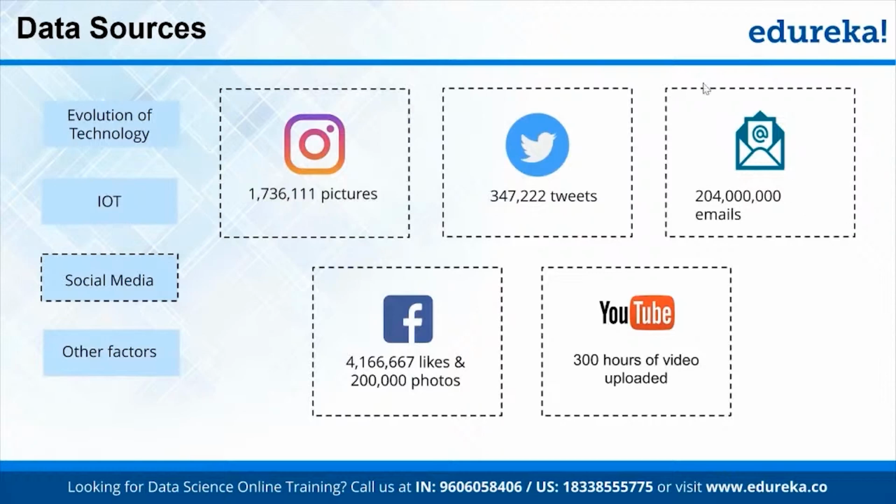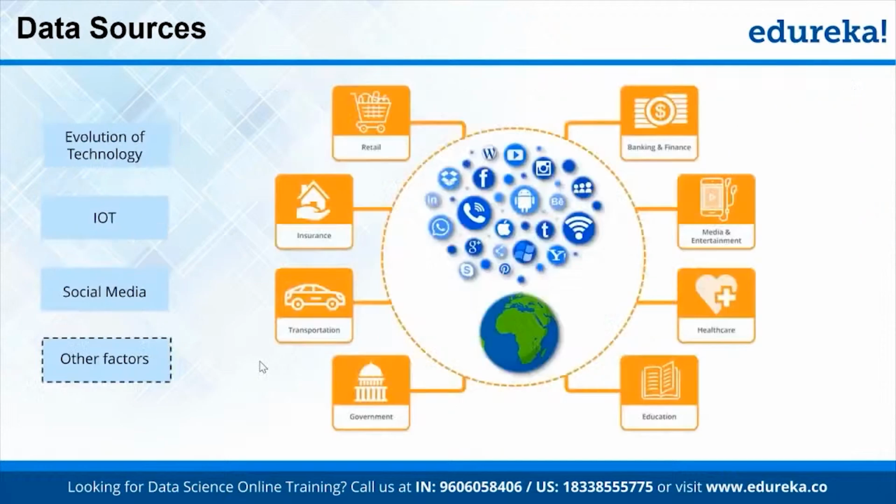For Twitter, these many tweets per minute, for Gmail, these many emails per minute. Again, in each and every domain, a huge amount of data is getting generated: retail, banking and finance, media and entertainment, healthcare, education, government, transportation, insurance.